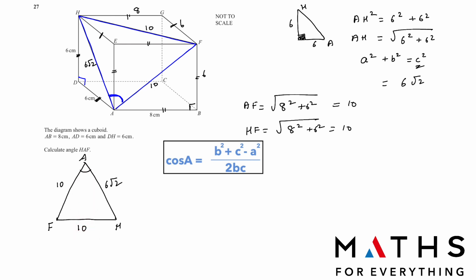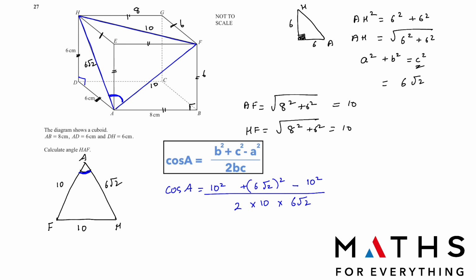So we write cos A is equal to B square, which is 10 square, plus 6 square root 2, the whole thing square, minus the side opposite the angle we want to find, which is 10 square, over 2 multiplied by 10 multiplied by 6 square root 2.